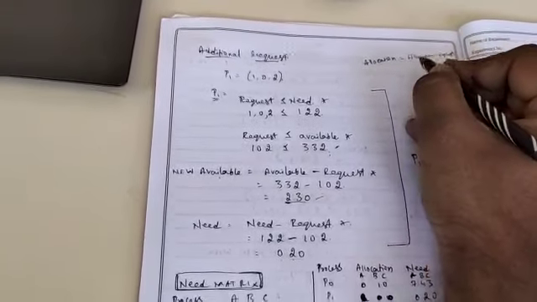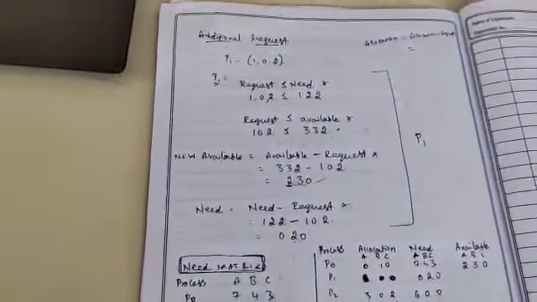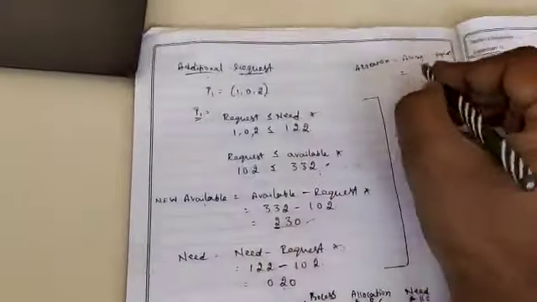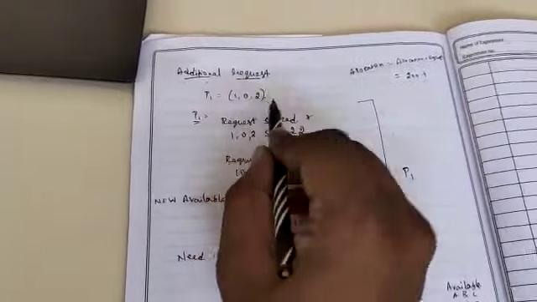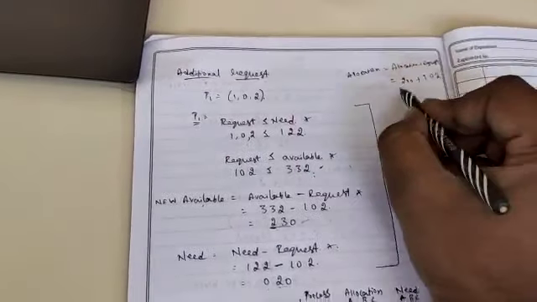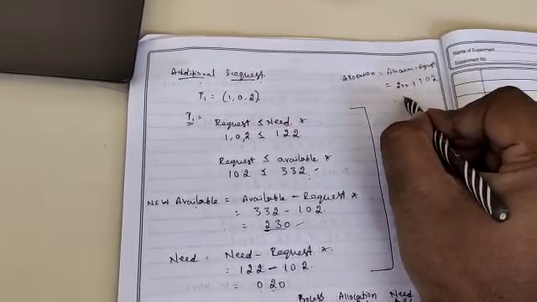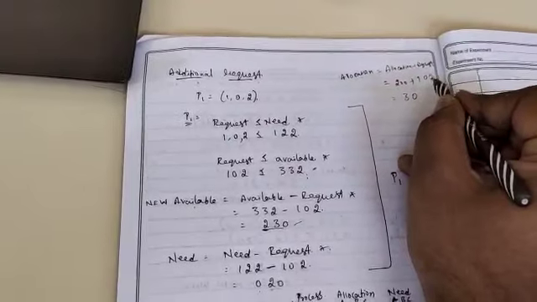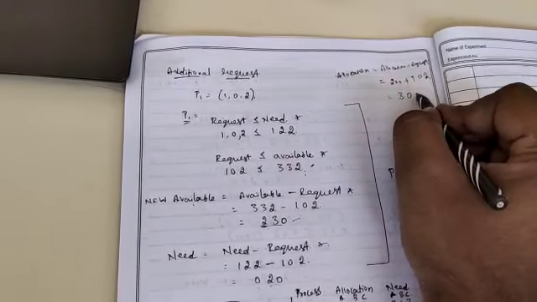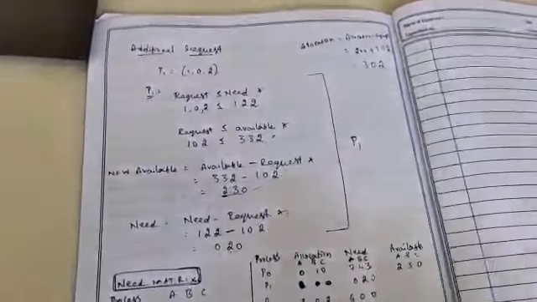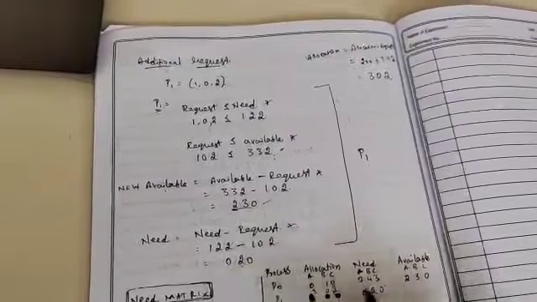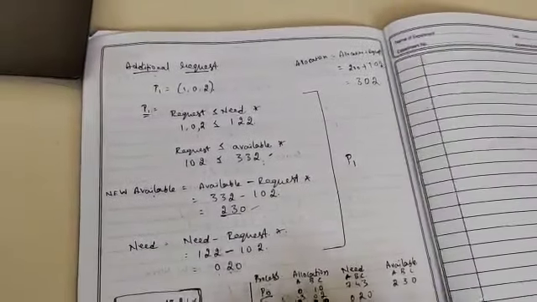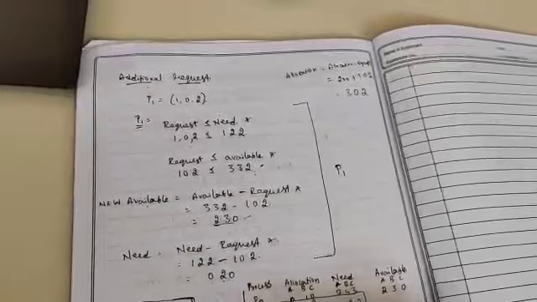The allocation of P1 is 200, plus the request 102. 2 plus 1 is 3, 0 plus 0 is 0, 0 plus 2 is 2. So the new allocation becomes 302. We are concentrating only on P1.